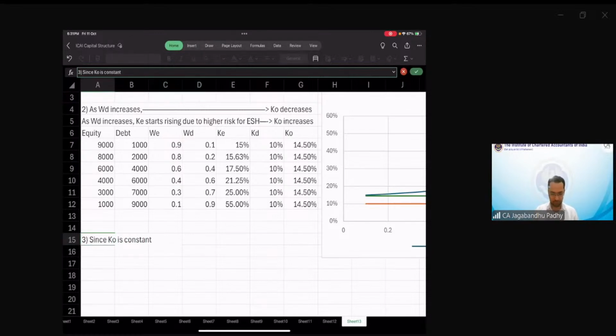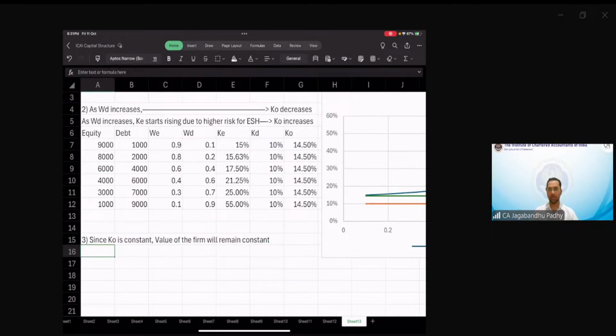Now, of course, without any further saying, we can simply say that since KO is constant, what should be happening to the value of the firm? If the KO is constant, what will be happening to the value of the firm? Can I say the value of the firm will remain constant? Since KO is constant, the value of the firm is also going to remain constant.